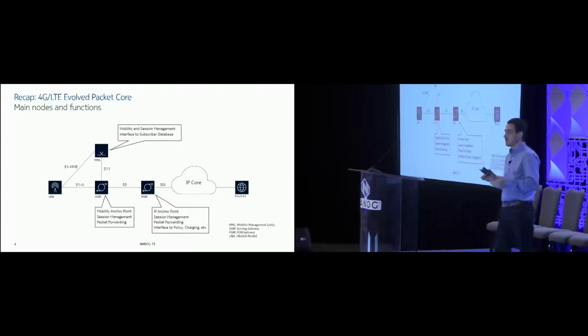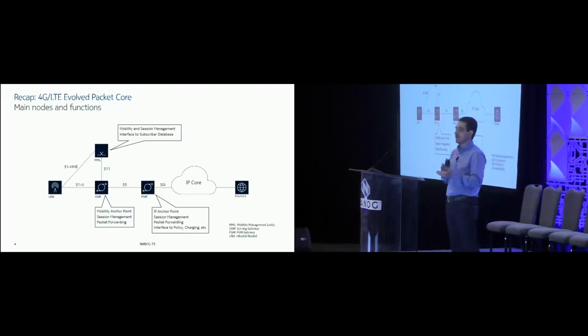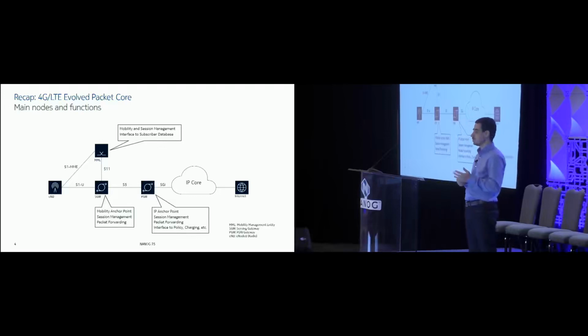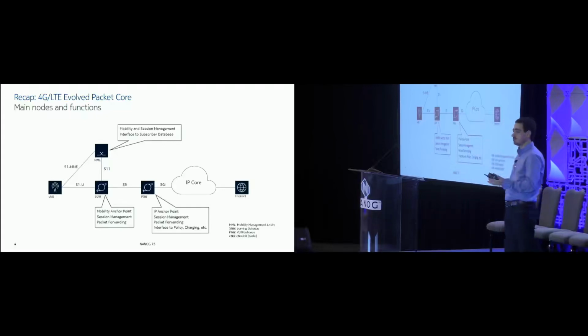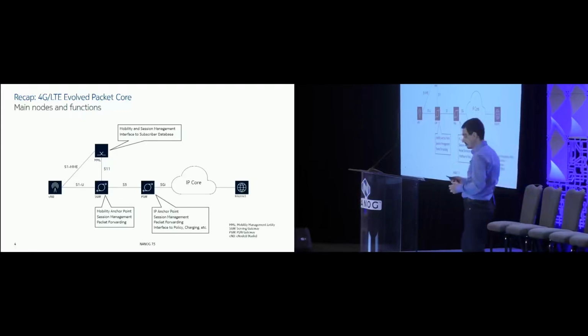That's where you actually have your IP pools, you terminate your user sessions, and you interconnect to the internet. The PDN gateway is also the element that interfaces with a lot of adjacent systems in a mobile network, such as policy, charging, and so on and so forth. So there's a pretty complex control plane involved here to make sure everything works.